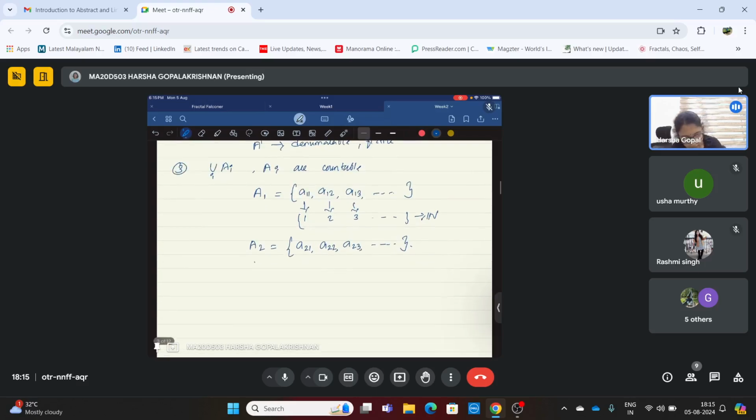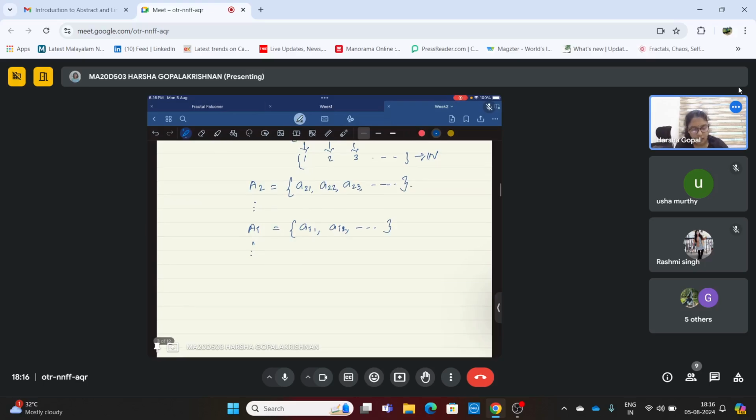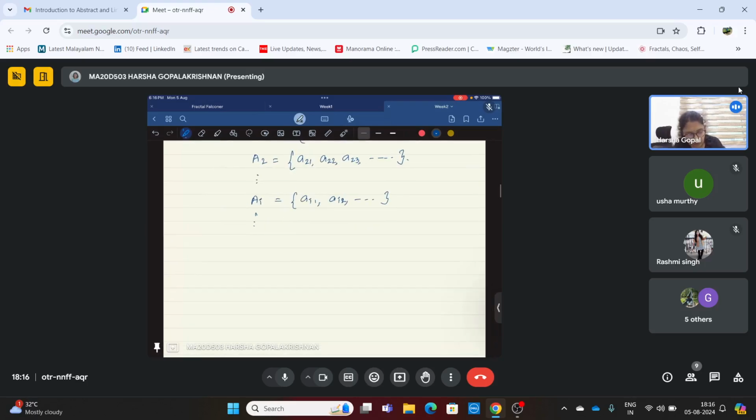In the same way, for the ith one I can write the elements as Ai1, Ai2 and so on. The list goes on. Now I am using a small technique here. I am listing all the elements in a nice way so that I will get a bijection.